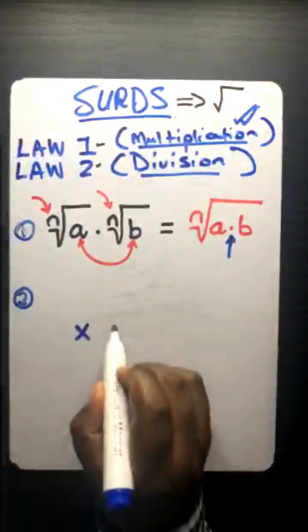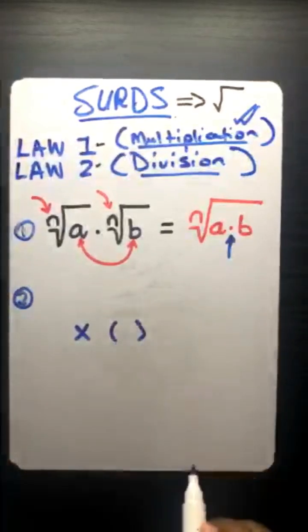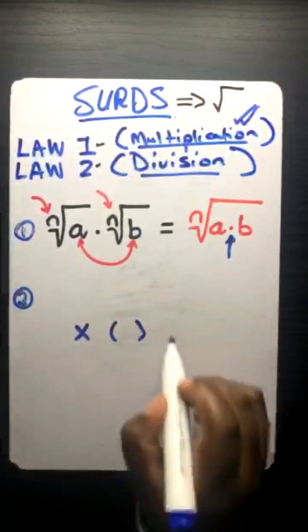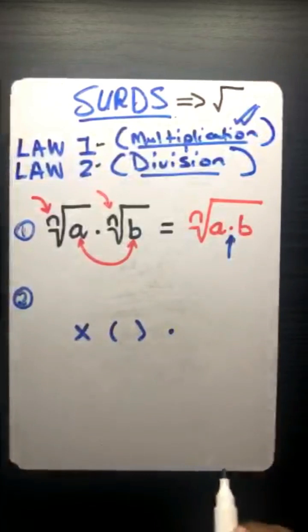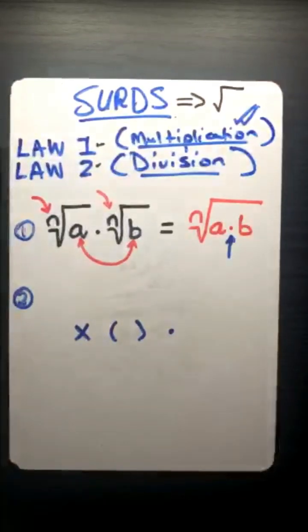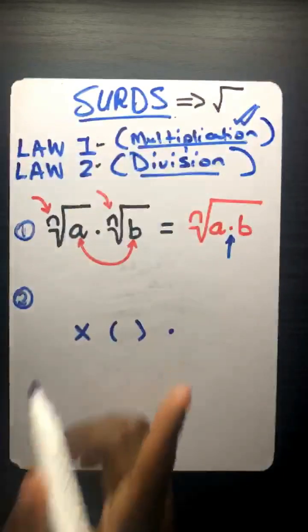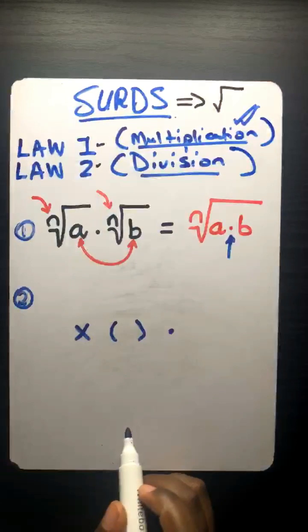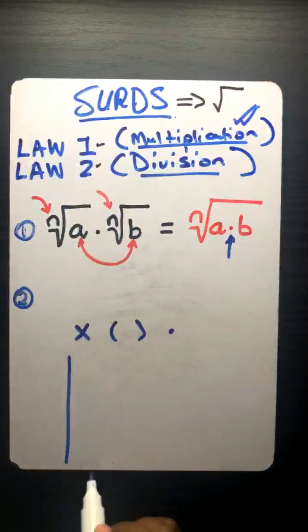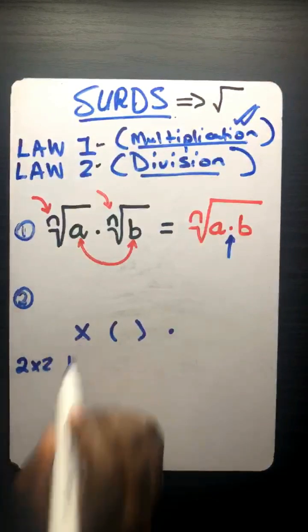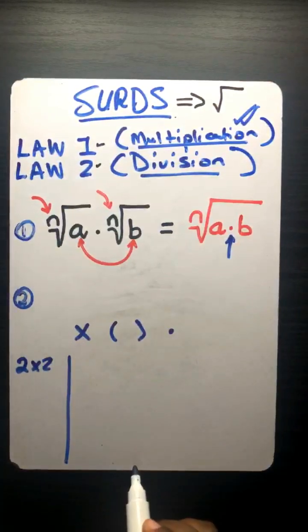Another way of representing multiplication is by brackets. Another way is by the dot. And the last way is just having nothing. Let me quickly give examples. When you multiply numbers, listen very carefully, you use that multiplication sign, or that cross.